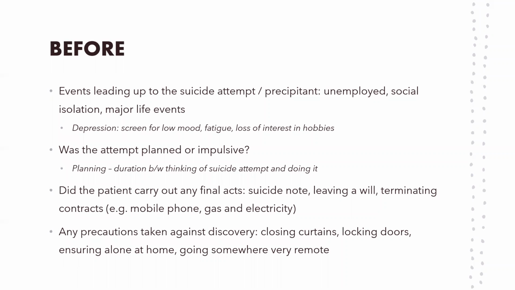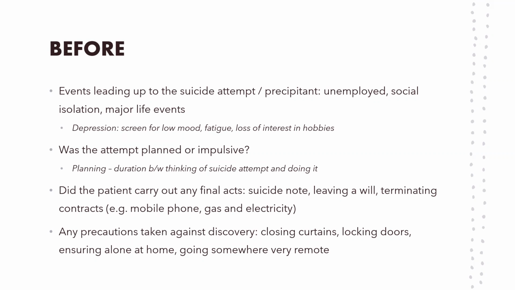Next, you could ask if the self-harm or suicide was planned or impulsive, because this really differentiates between those who genuinely wanted to harm or kill themselves versus those who are doing it for attention-seeking purposes.